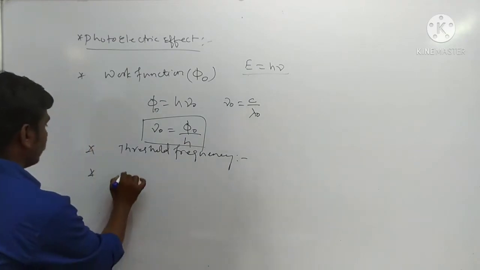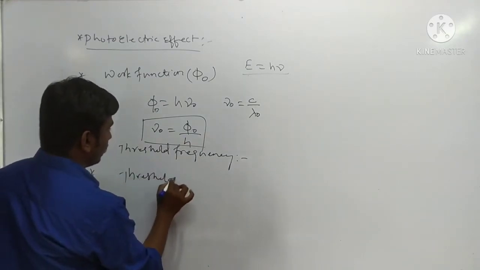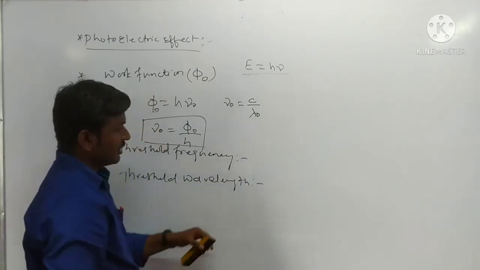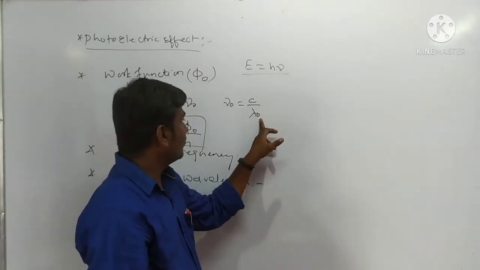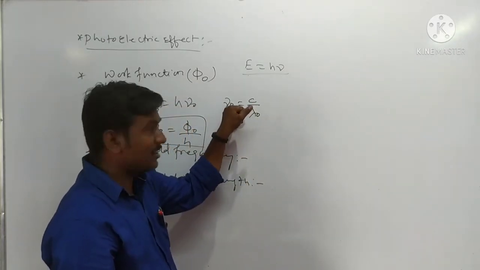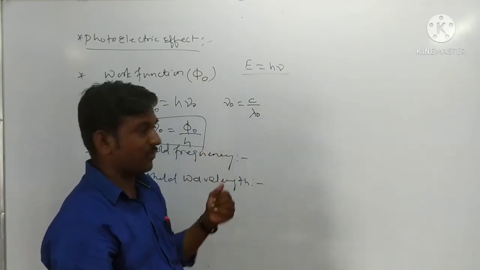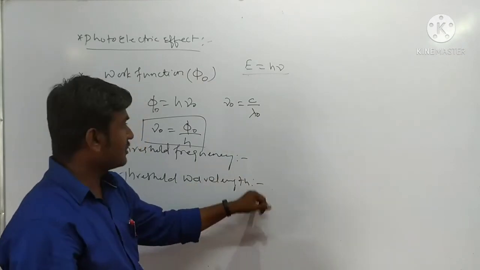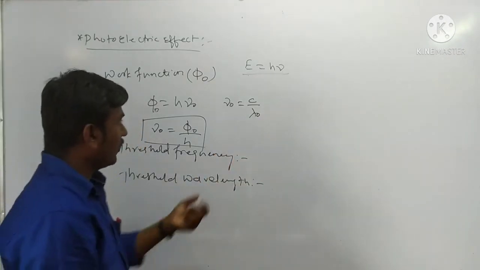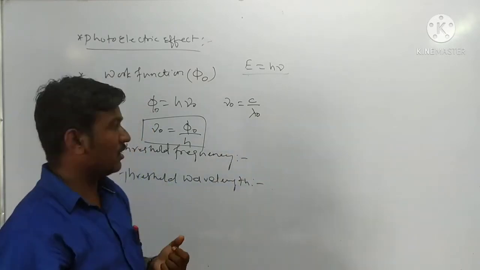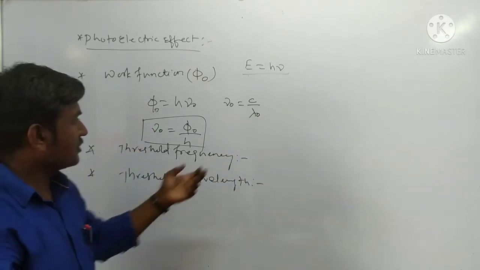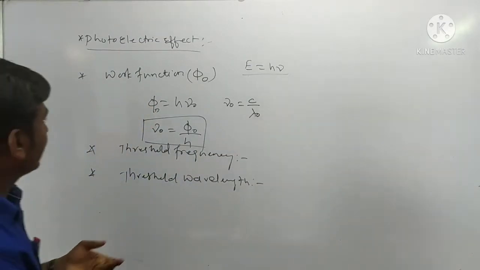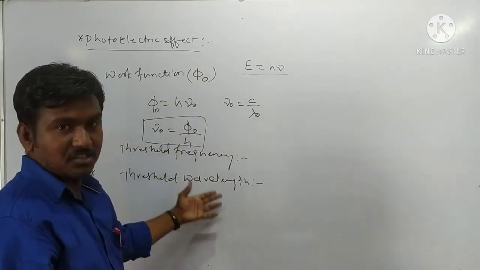That's why threshold wavelength is the maximum wavelength, and threshold frequency is the minimum frequency to emit electrons for the photoelectric effect. Threshold wavelength is the maximum wavelength for the photoelectric effect to be possible. So we need the work function, threshold frequency, and threshold wavelength.